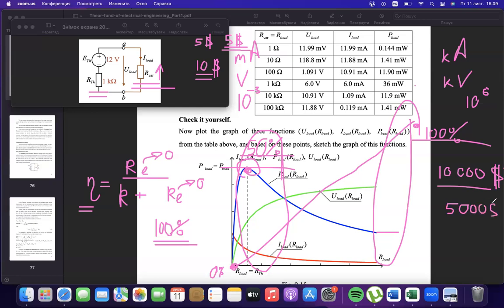And for our goal, it is obviously much better to transfer power more slowly, but with higher efficiency, so that all our money is spent on the consumption of our load. That's all I want to say about direct current.